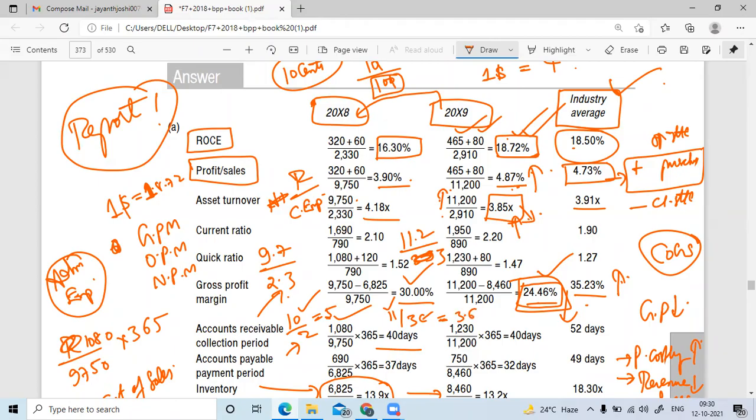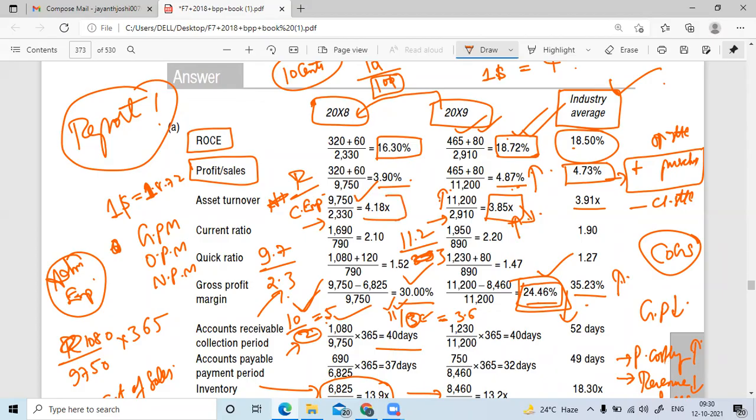So now can you easily see the difference? With $2, I'm able to generate $10 of sales. With $3, I'm able to generate $11 of sales. So this is better. So here what we are seeing is, with a small investment, we are able to generate high revenues. With a higher investment, we are not able to generate the revenues to the magnitude of what here we are able to generate.